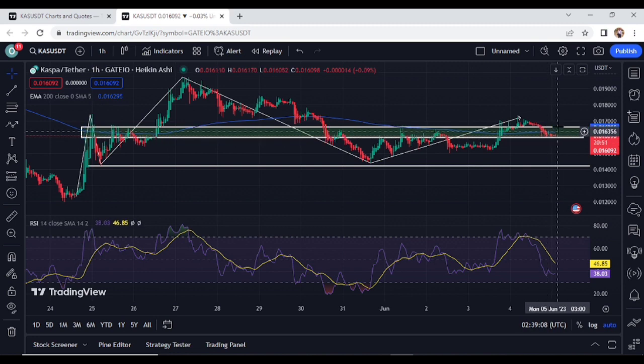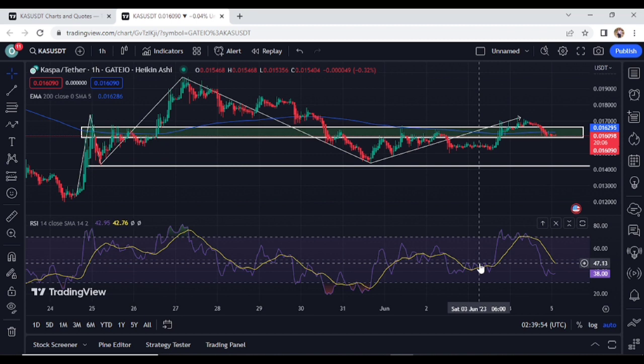It's already creating the consolidation right here, and you can see the RSI going downwards towards the oversold region. So if it gets to this particular point, then there's a high probability that there would be a reversal or an impulsive move from this position to the upside.